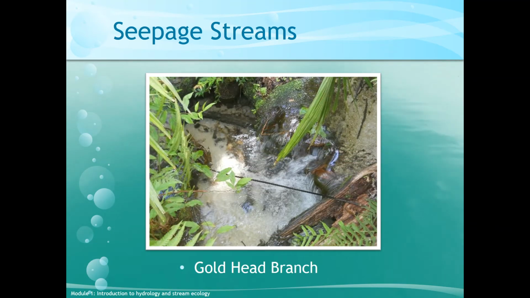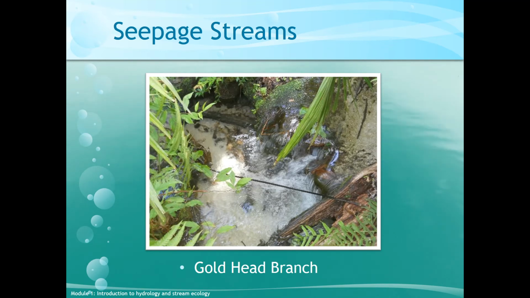And perhaps the least known of the stream types identified by FNAI are seepage streams. Unlike spring-fed systems that derive their water from the deep aquifer, seepage streams derive their water from shallow superficial aquifers. But still, the water is filtered through deep sand deposits and thus is typically clear.